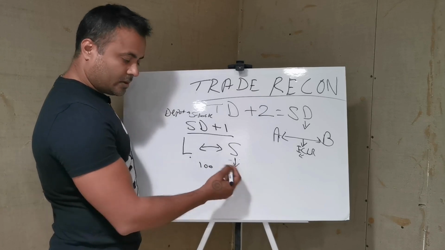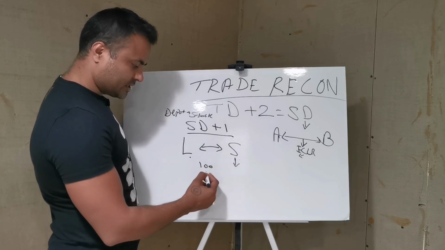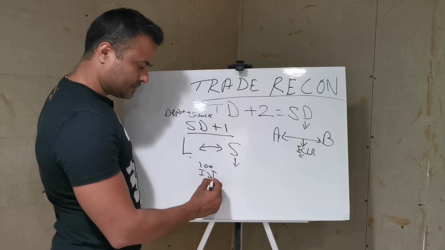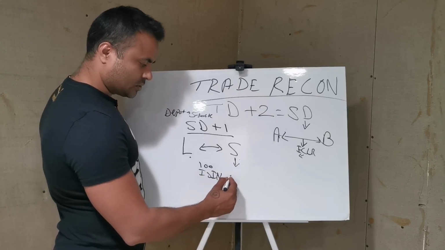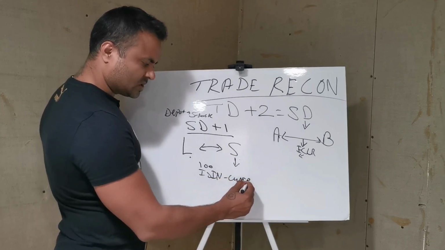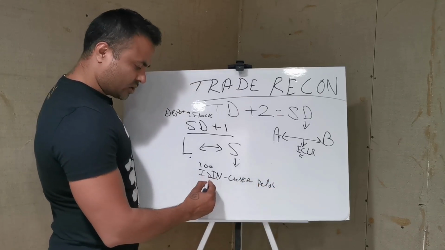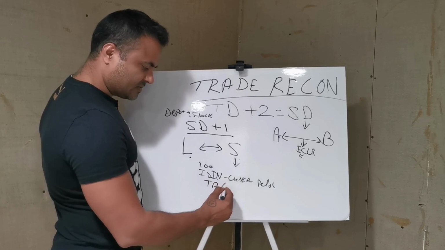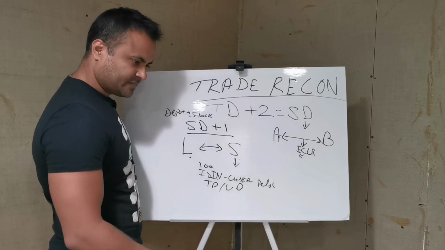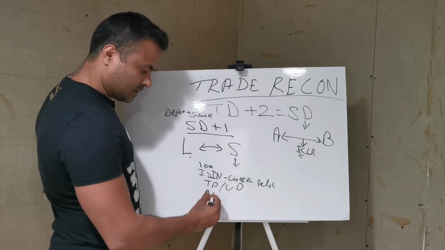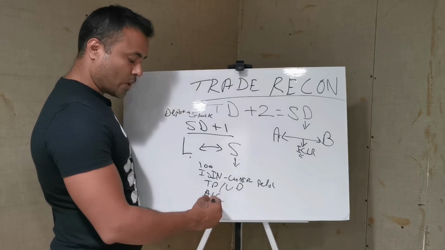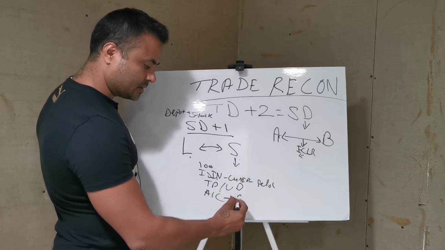Now mostly for the 100 shares we'll see the ISIN, CUSIP or SEDOL, and you can see the trade date, value date. Sometimes you can see the account number, like the account number for the counterparty.